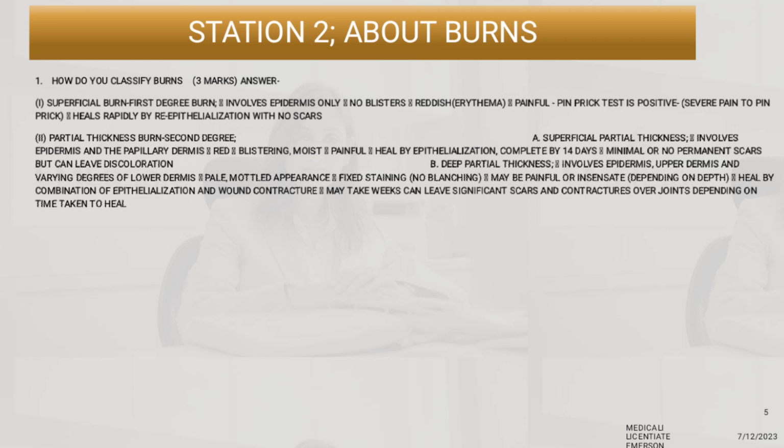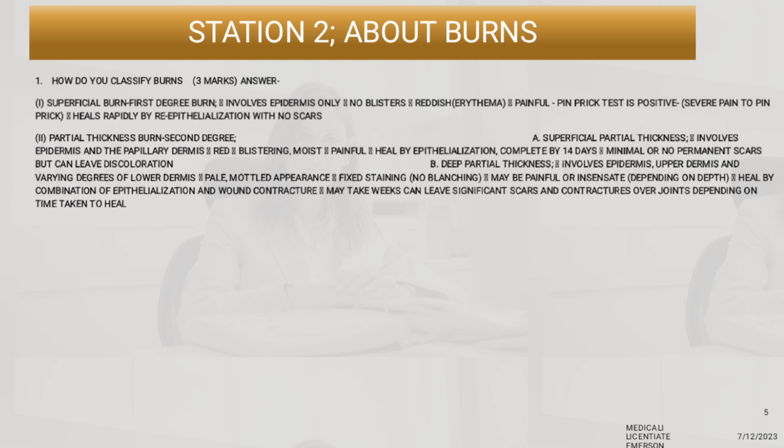Superficial partial involves the epidermis and the papillary dermis. It is red, blistering, moist, painful, heals by epithelialization, and is completely healed by 14 days. There is minimal or no permanent scarring, but it can leave discoloration.